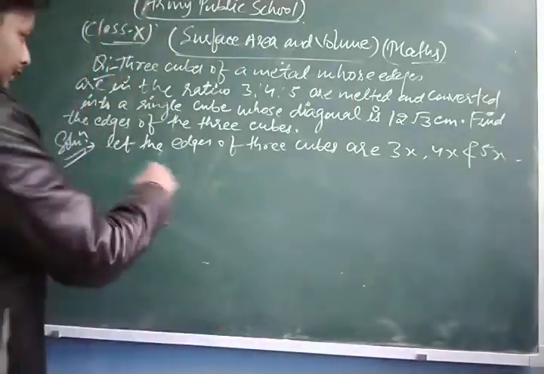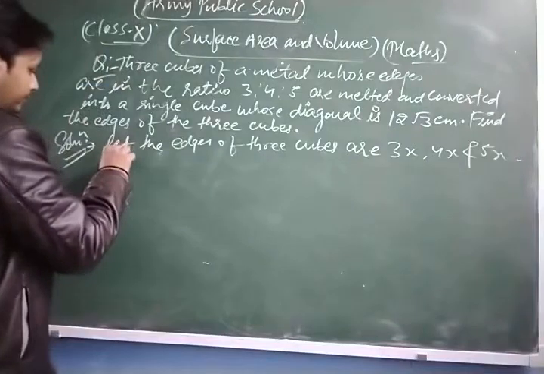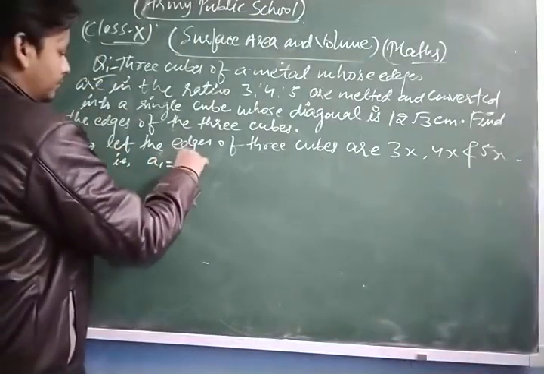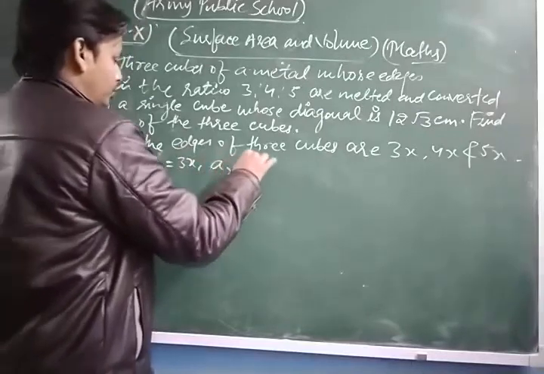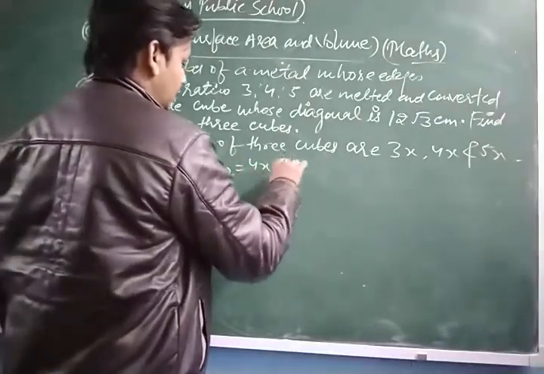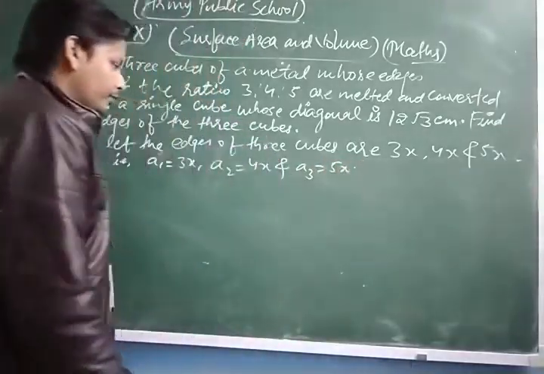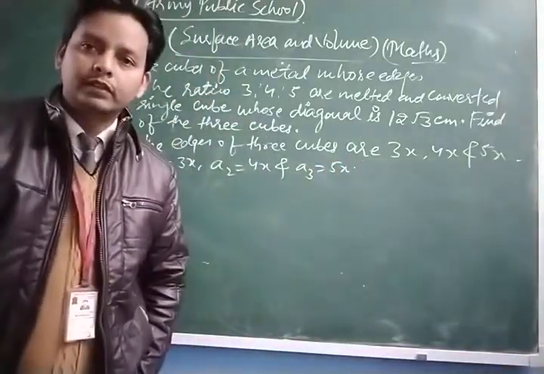That is, A1 is 3x, A2 is 4x and A3 is 5x respectively.